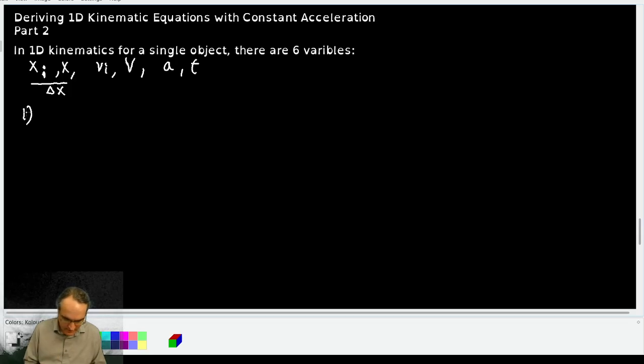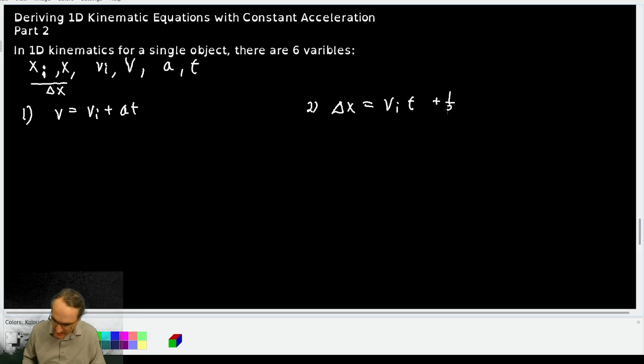We've got 2 equations we've already worked out. v is equal to v initial plus acceleration times time. And we'll rewrite this actually, because we'll take the xi back over to the other side. Delta x is equal to v initial times t plus 1/2 acceleration times t squared.